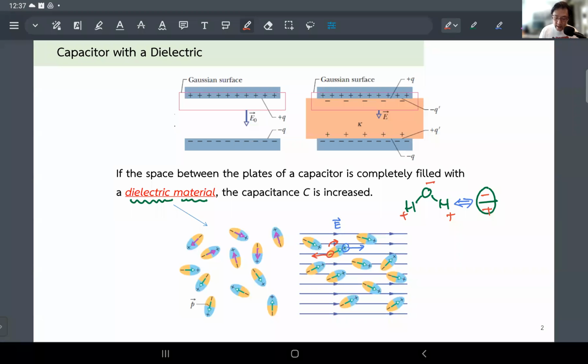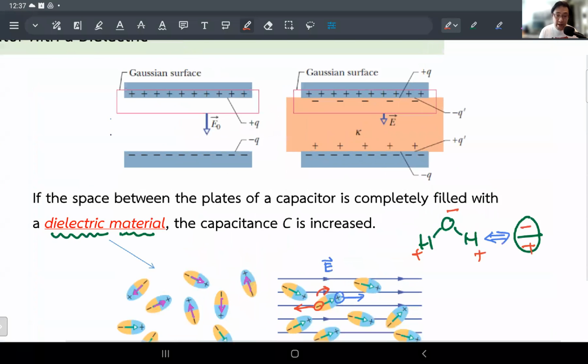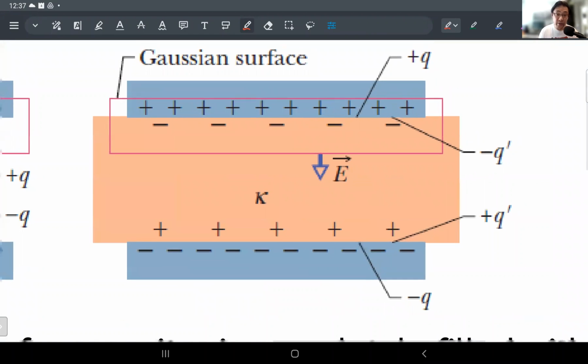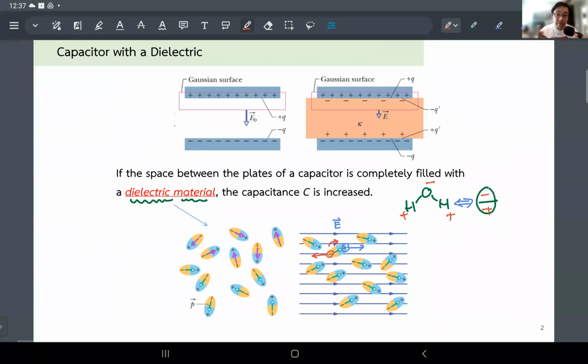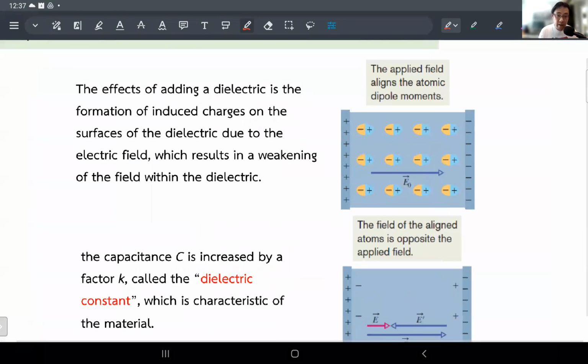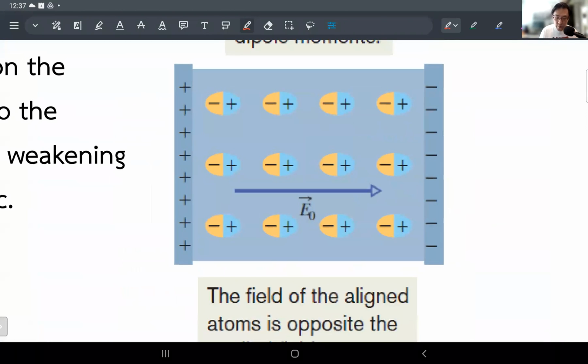So with that, by having this squeezed in between, you do something else to the internal portion of this space. Let's see how it's done. The effect of having the dielectric molecules in between is this. When those molecules are lined up, this is a cartoon version of that. Remember that these molecules will be huge in number, like billions of molecules.